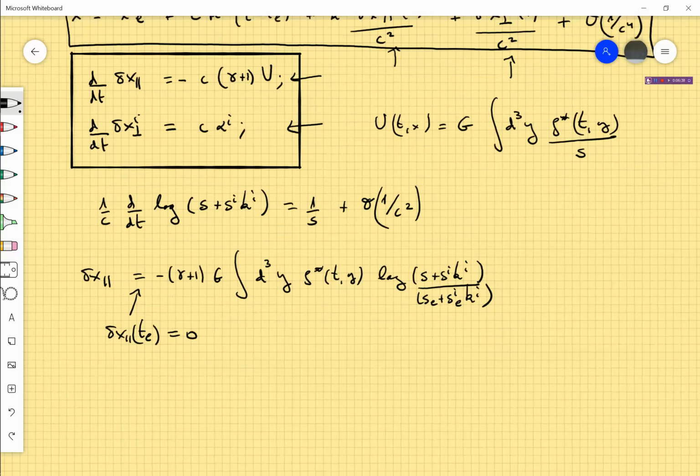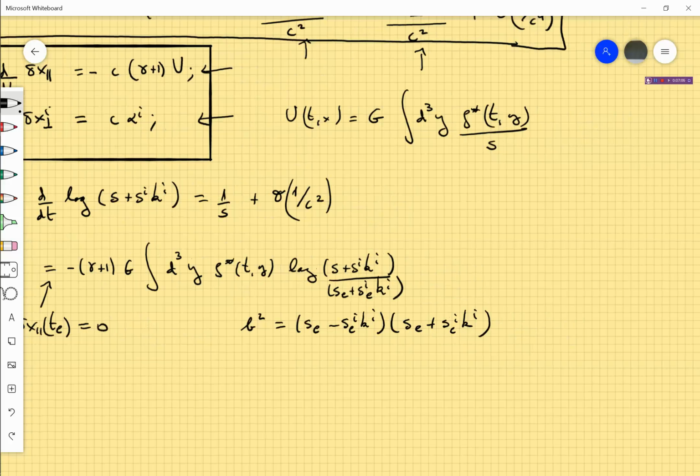You can still simplify it a bit more using an expression for b squared, the impact parameter, which is s_e minus s_e i ki, times s_e plus s_e i ki.